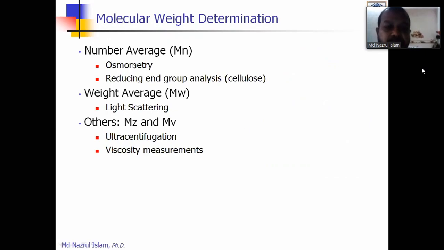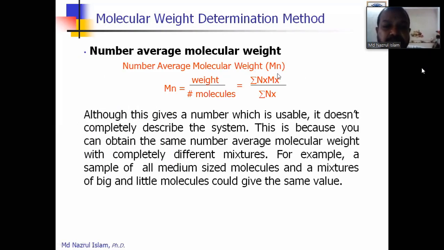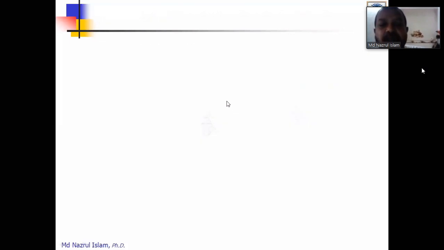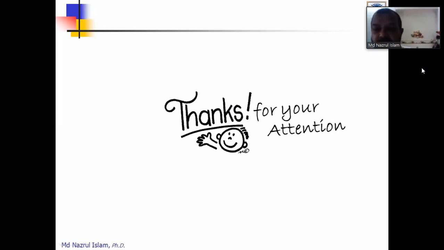One is the number average: if the total chain weight is 100 and there are 100 monomers, that is the number average. Then there is the weight average, and some other methods to calculate the molecular weight. The number average is the total weight divided by the number of molecules, the number of monomers. So that is actually cellulose.